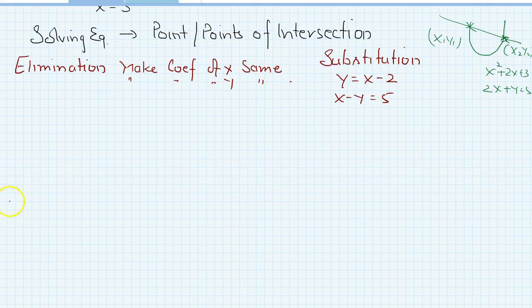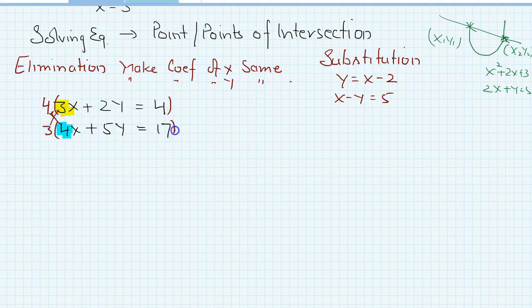Now let's try to solve the equation which I have given you, 3x plus 2y is equal to 4, by the method of elimination. For the elimination, let's make the coefficients the same. The coefficient of x is 3 and the coefficient of x in the other is 4. So I'm going to multiply the whole first equation by this 4, and the second by 3.